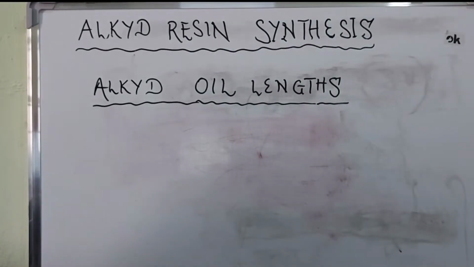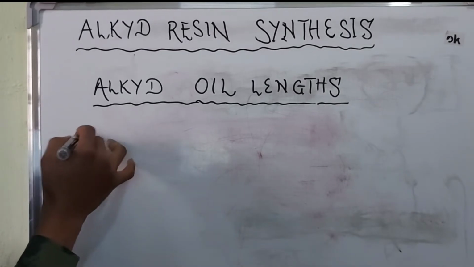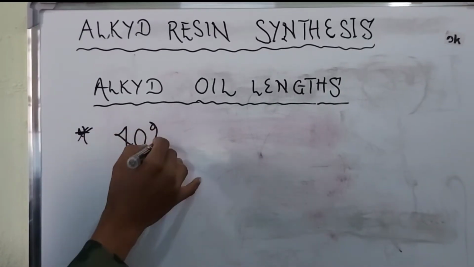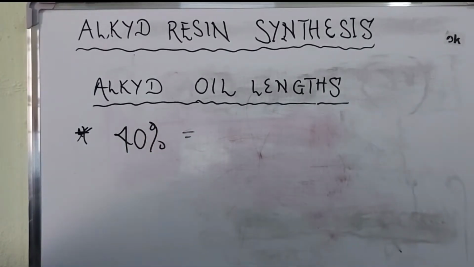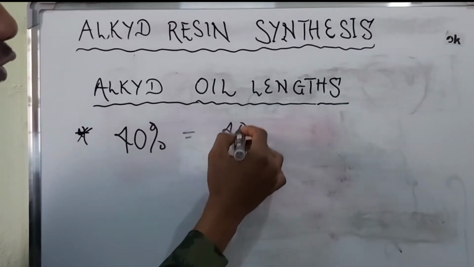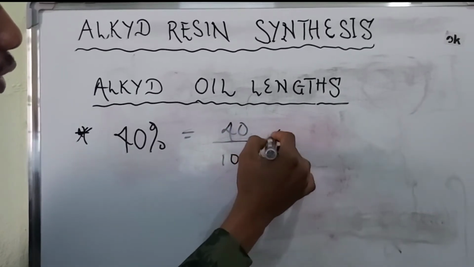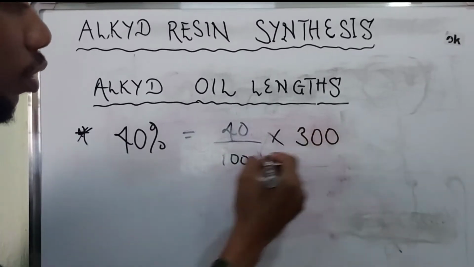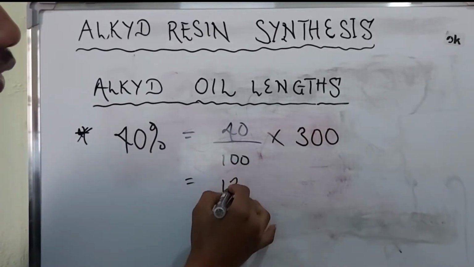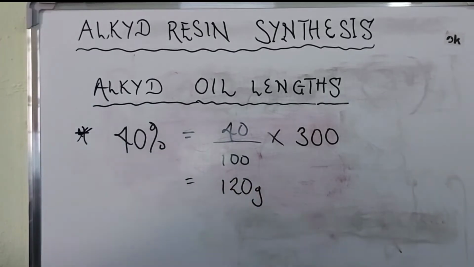For a 40% alkyd resin oil length, since we want to synthesize a 300 gram resin, 40% of the oil just means 40 divided by 100 times total alkyd weight, which is 300 gram. That would give us 120 gram, meaning that we'll be needing 120 gram of the drying oil.